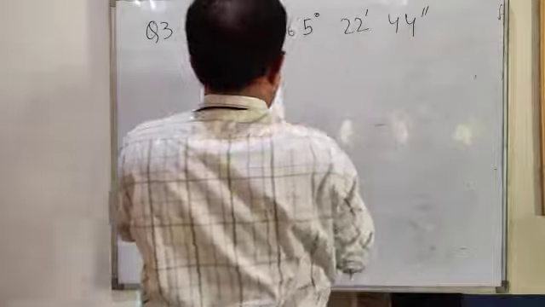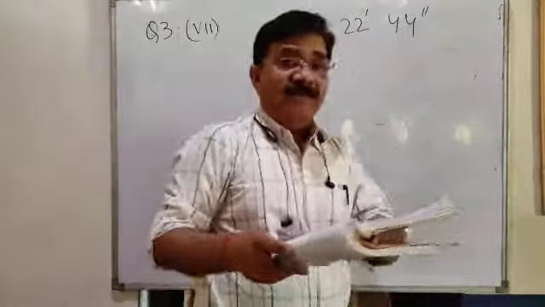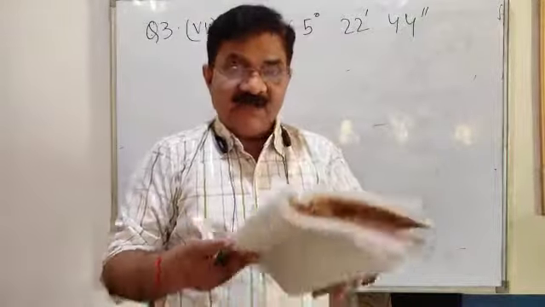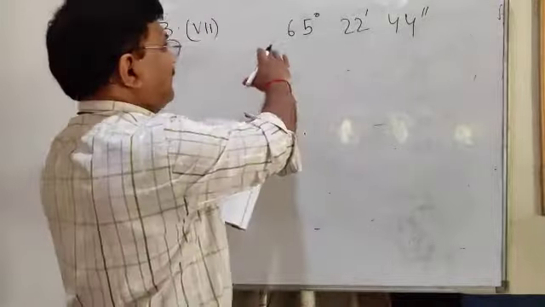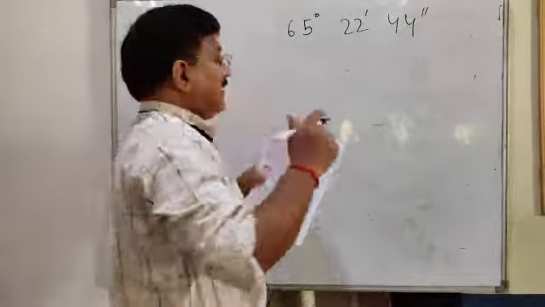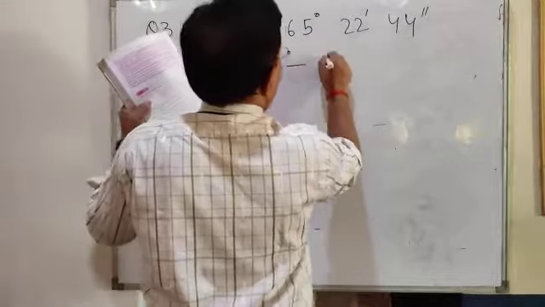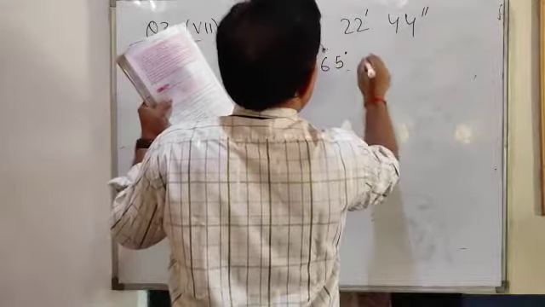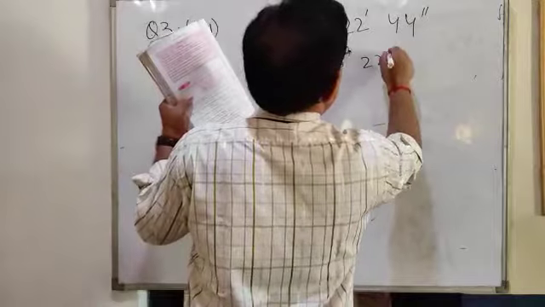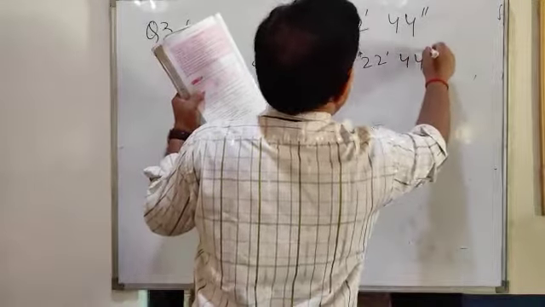Dear children, you have to find the complement of this angle. Complement means you have to subtract it from 90 degrees. You have to subtract 65 degrees, 22 minutes, 44 seconds from 90 degrees.